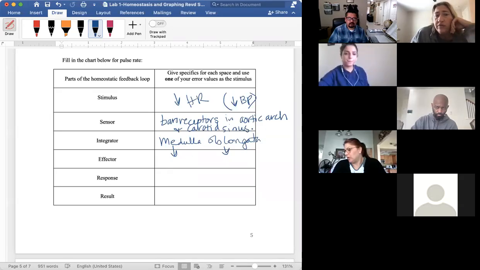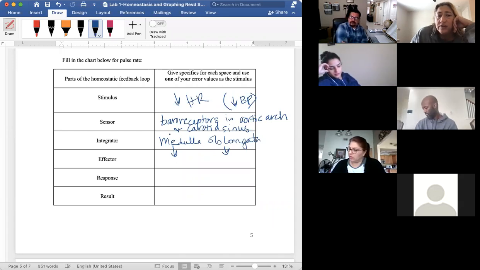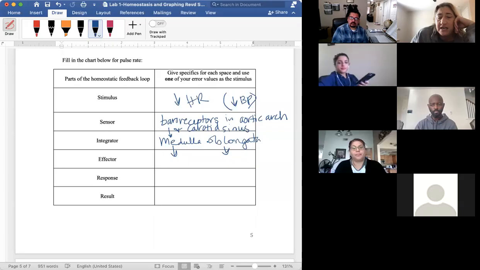The sensors are in the carotid sinus and in the aortic arch, and they stretch and send action potentials to the medulla oblongata. So they're connected via a nerve. You can't really see that, but there are nerves that send the signal to the medulla oblongata, which is the region of the brain that interprets the signal coming in. Good. And so the medulla oblongata is then going to send a signal out.